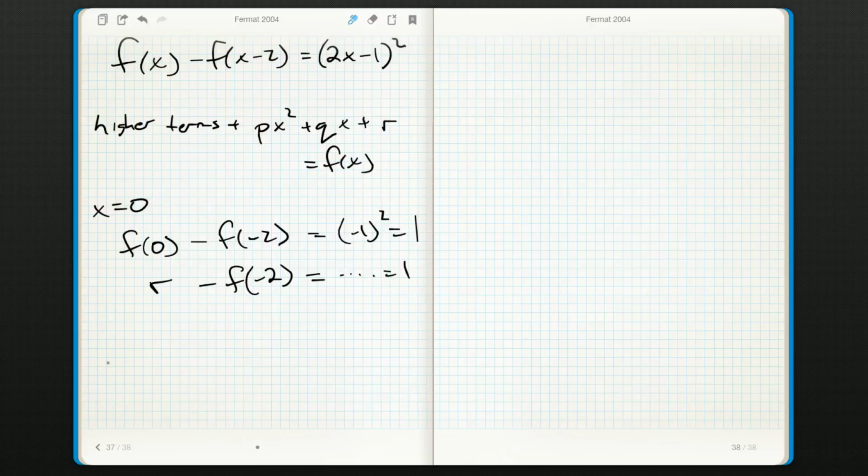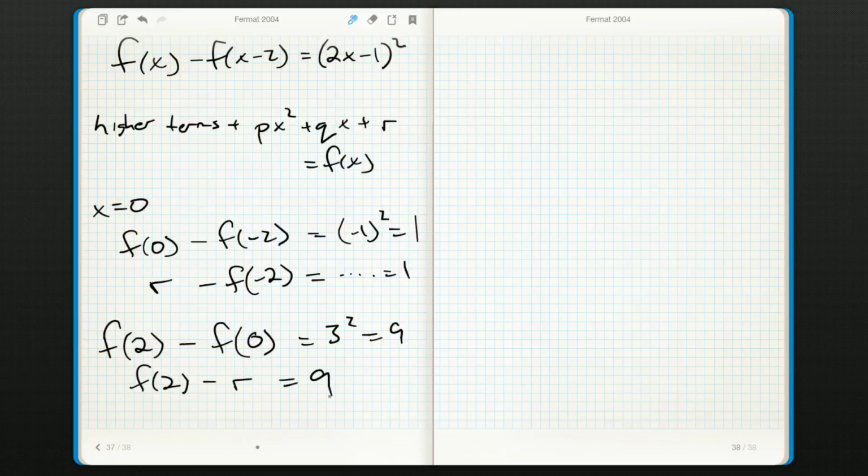And then maybe I could do something else like plug in x equals 2. Then we'd get f of 2 minus f of 0, and 2 times 2 is 4, minus 1 is 3, so we get 3 squared, which is 9. So f of 2 minus r is equal to 9. Does that help us?